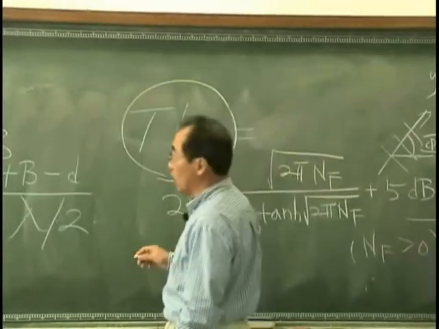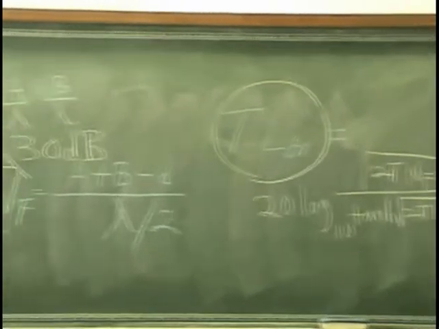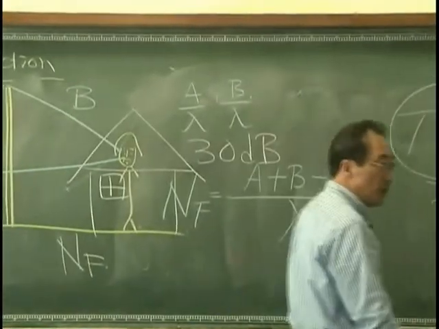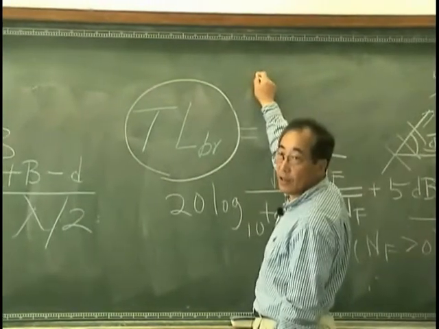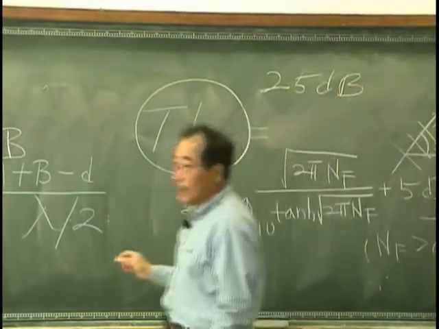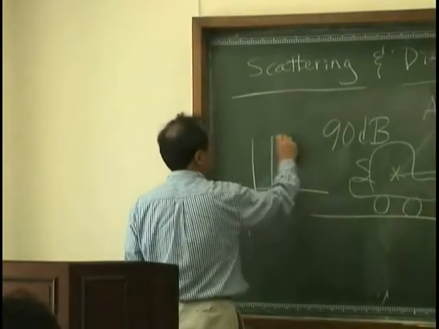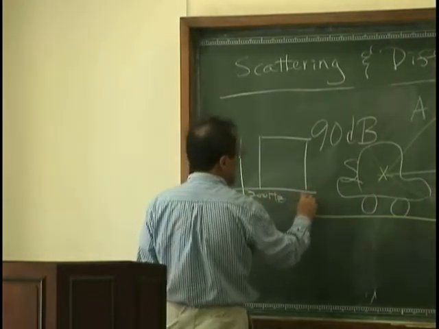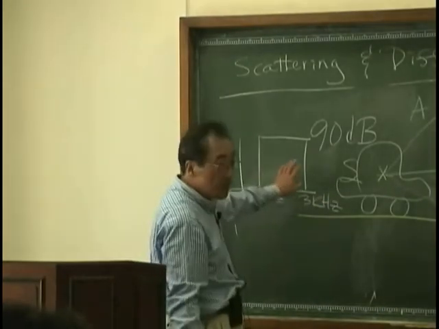And he found that the traffic noise in this case is normally 90 dB. And using this formula, he found that the transmission loss he can get is only 25 dB, at the frequency range, for example, from 200 Hz to 3 kHz. Suppose that this is the sound coming from the car.